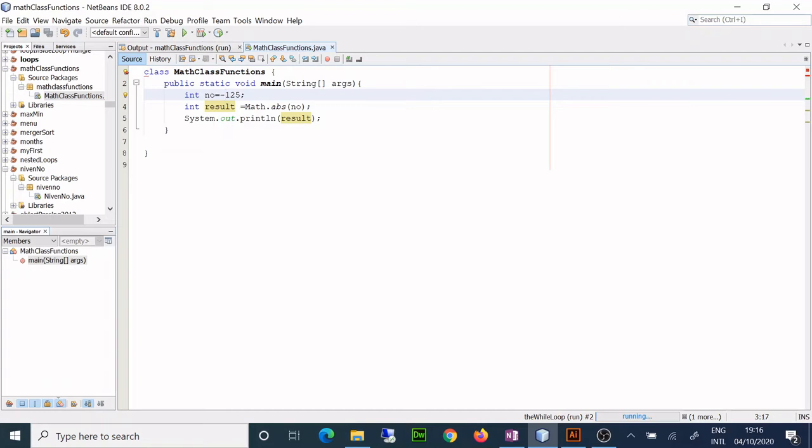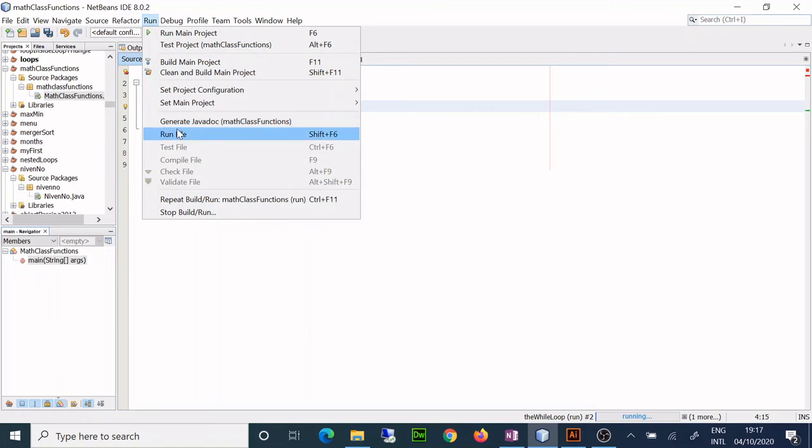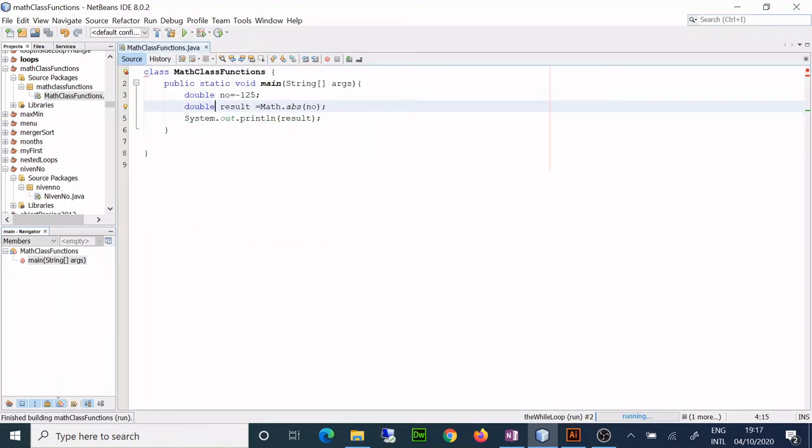And keep in mind, if the number is integer, its return type will be integer. If the number is, let's say, double, its return type is going to be double. So I run it and its return type will be double. So this is indirect. As I said, we can write it directly also. It's not that we have to write it always like this.